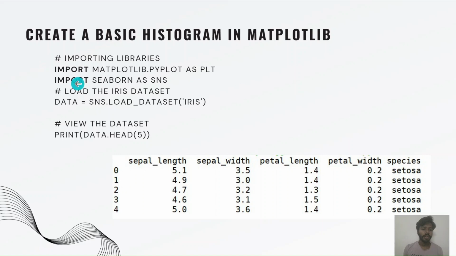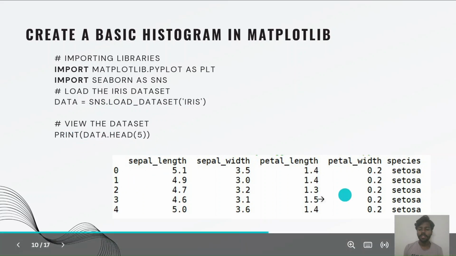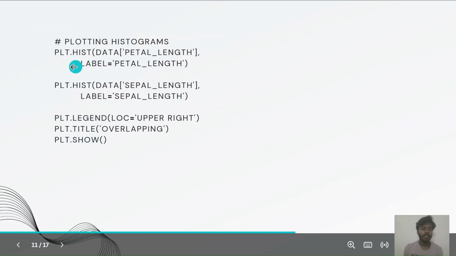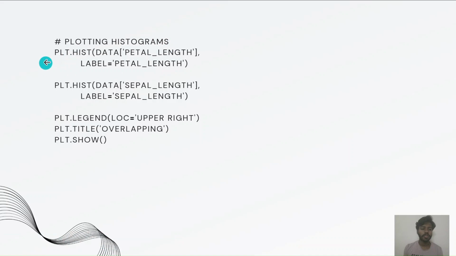So import libraries: import matplotlib.pyplot as plt, then import seaborn as sns, and load the iris dataset, data = sns.load_dataset iris, then we print data.head(5). So here we get our data set, right? Then we plot the histogram. So how we plot?